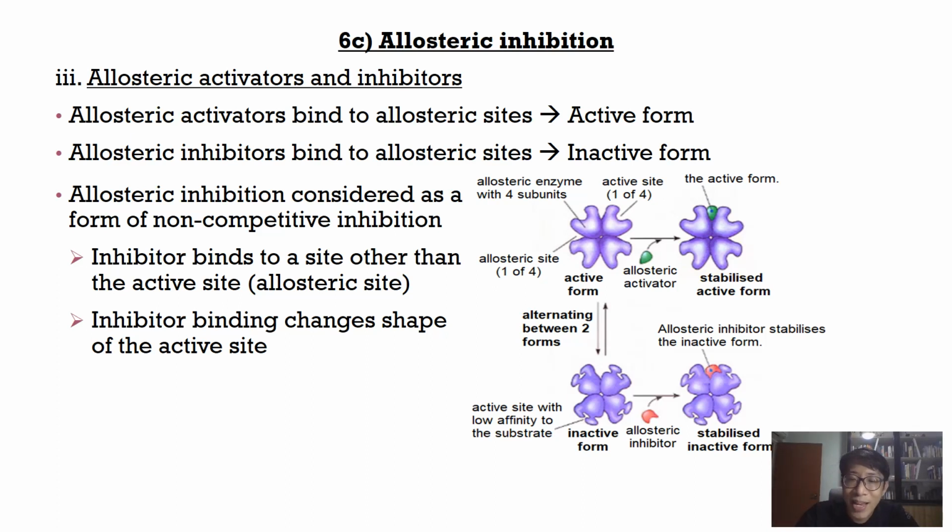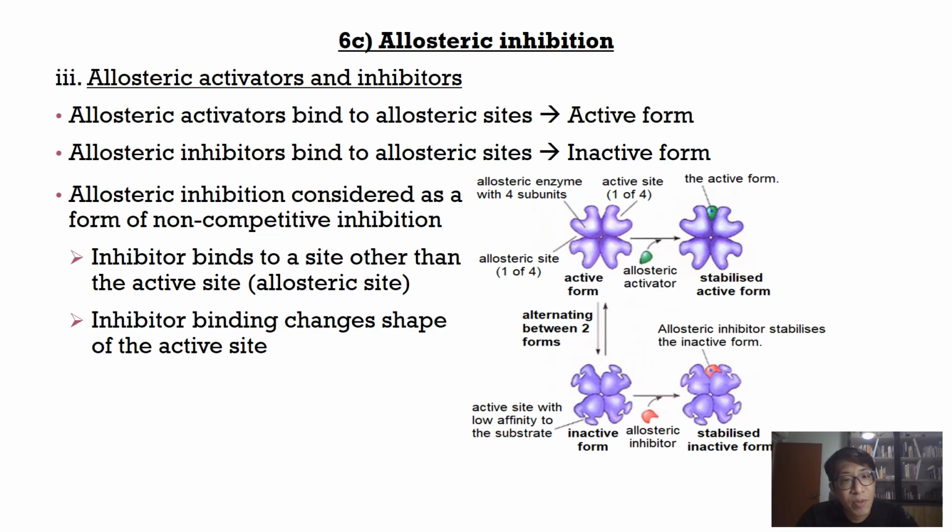If you look at this mechanism, it is similar to the non-competitive inhibitors. So allosteric inhibition can therefore be considered as a subset, a form of non-competitive inhibition. That's why, if we look at the learning outcome under non-competitive inhibition, it says in brackets, including allosteric inhibition.